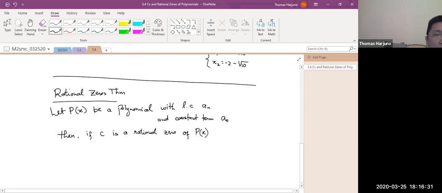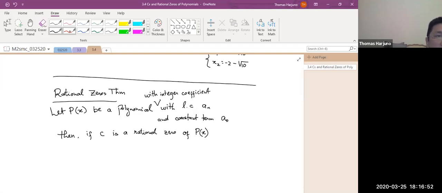Oh, you know what? I'm sorry. I have to emphasize one more thing that I have skipped in the hypothesis. It's a polynomial with integer coefficients. Emphasize that. So the coefficients of that polynomial have to be all integers.